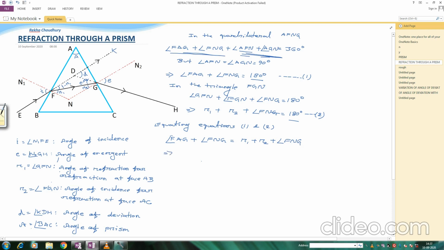Again see here, FAG angle is the angle A or angle of prism. Because FNG is the same on both sides, A is equal to R1 plus R2. So this is equation number 3.